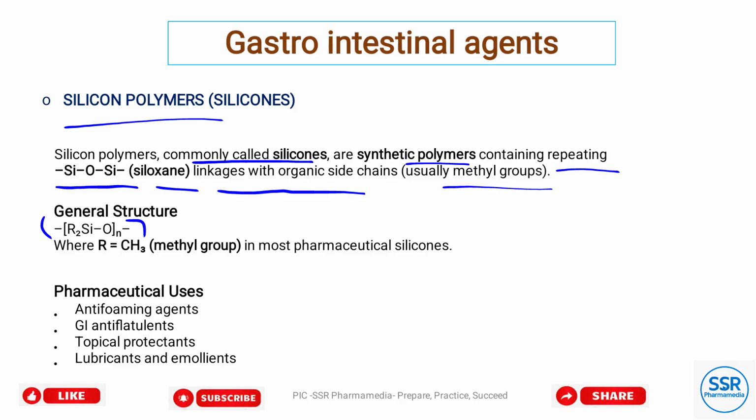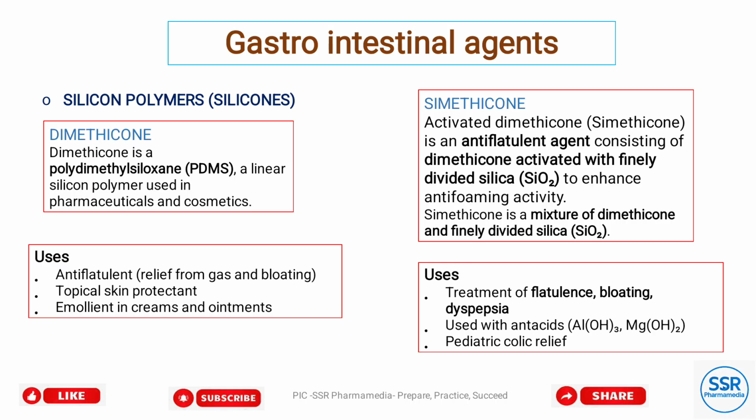This is the general structure, where R is a methyl group in most pharmaceutical silicones. They are used as antifoaming agents, GI anti-flatulents, topical protectants, and lubricants and emollients. Examples of silicone polymers are dimethicone and simethicone.